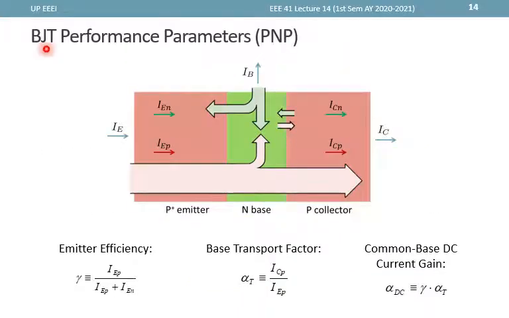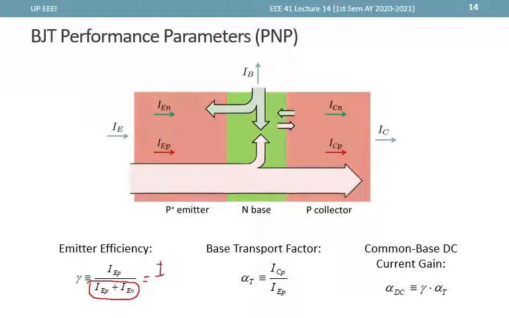Let's now define some performance parameters for our BJT, specifically for the case of PNP. So we have here emitter efficiency, which is represented by the symbol gamma, and is the ratio of IEP over IEP plus IEN. So this denominator IEP plus IEN is actually the whole of IE.